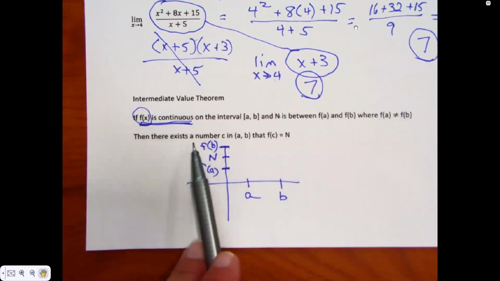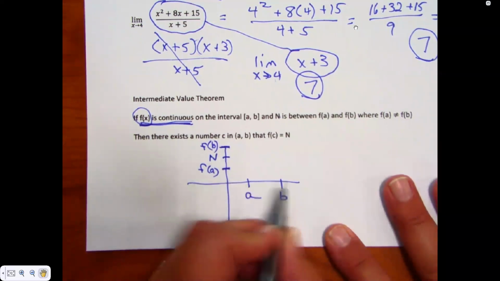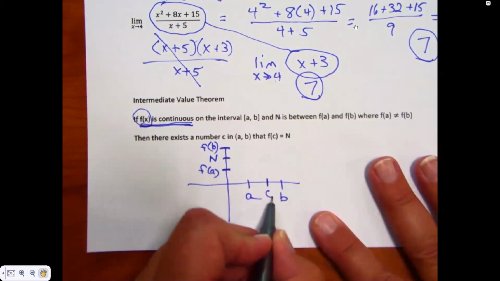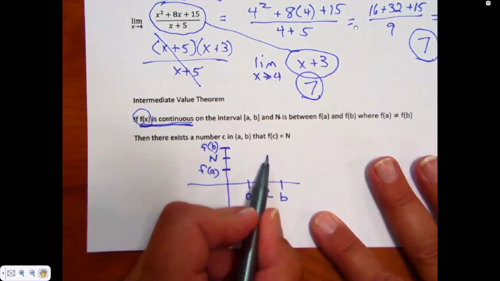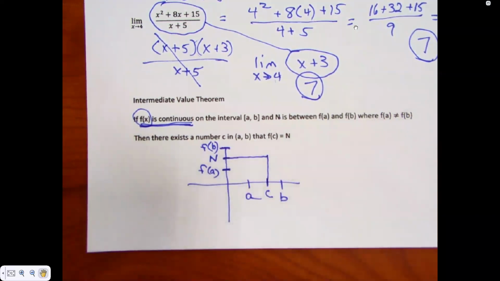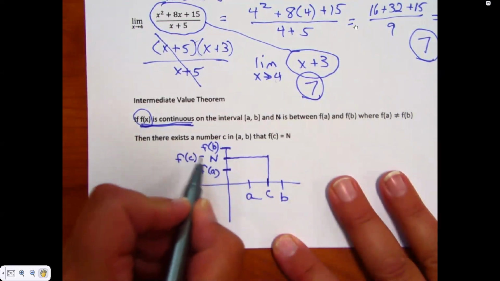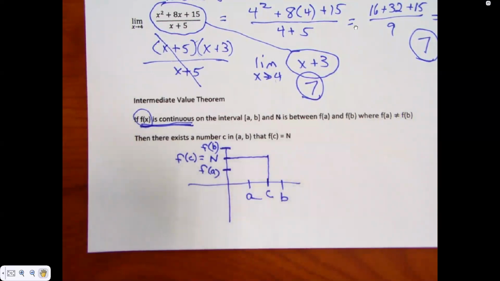Then there exists a number c between A and B. So somewhere, doesn't have to be in the middle, but just somewhere between, there's a c value that produced this n. There's a c value that produced that n. And that is called f of c.